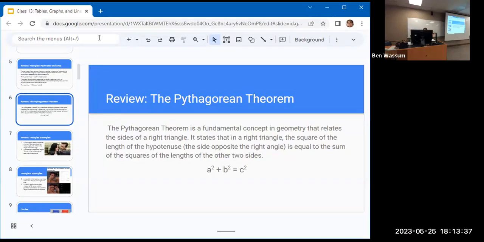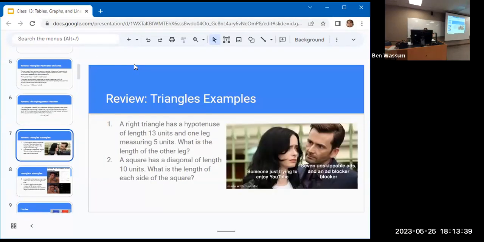So we do have some examples to work. First one says a right triangle has a hypotenuse of length 13 units and one leg measuring 5 units. What is the length of the other leg? So something like that, we'd use the Pythagorean theorem. I'll go ahead and draw that out real quick.